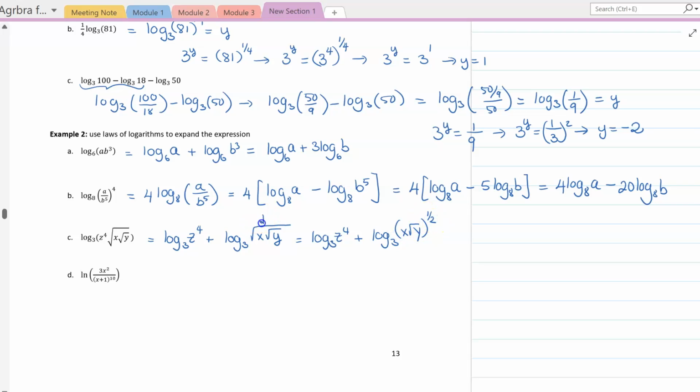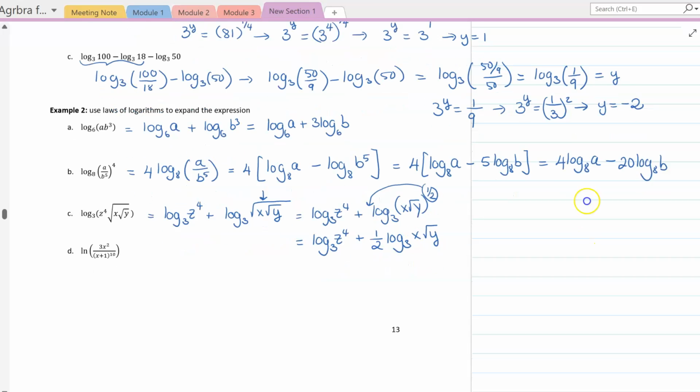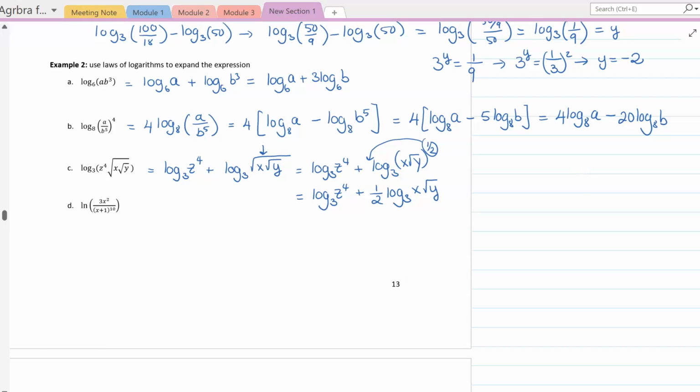This 1/2 corresponds to the square root. So then we bring down this 1/2 in the next step. Now I can split this one apart.